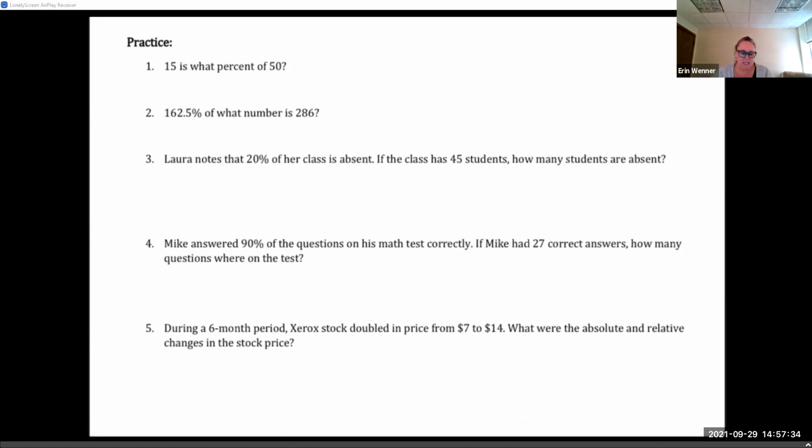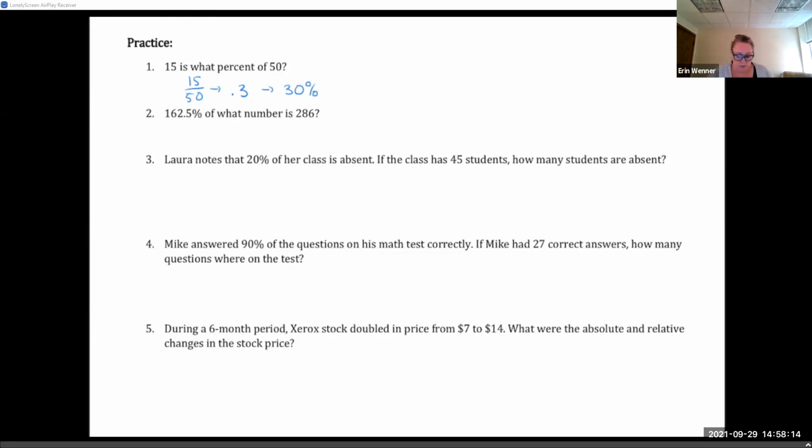So the first question is 15 is what percent of 50? So there's 2 ways we can think of this. We can think of it as being 15 over 50, which if we divide that, we get 0.3, which following those steps, if we have a fraction, we convert it to a decimal, we move our decimal place 2 spaces to the right, we add a percent symbol.